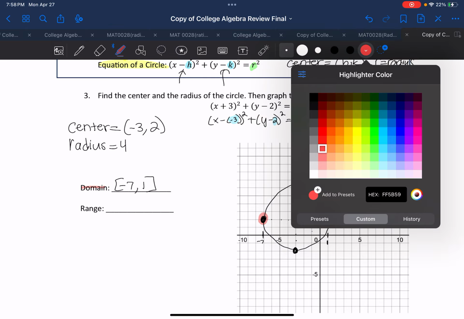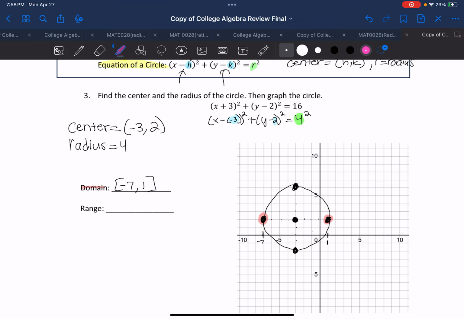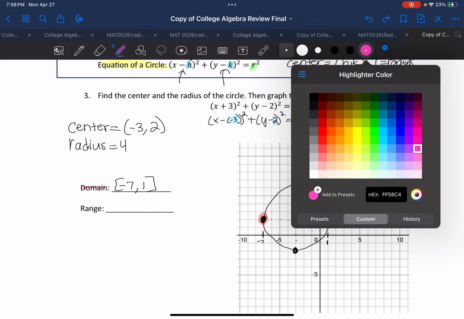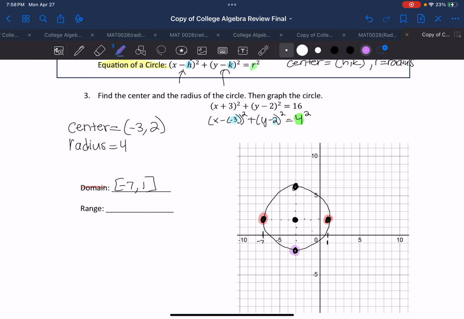And then the range is from bottom to the top. Use a different color there. Bottom to the top. So you find the smallest y value there. That y value is -2.